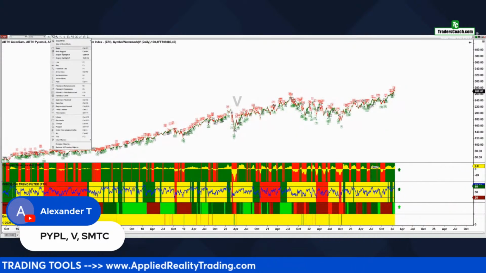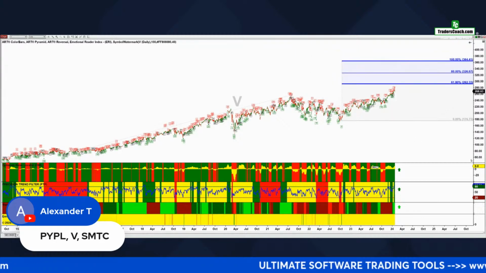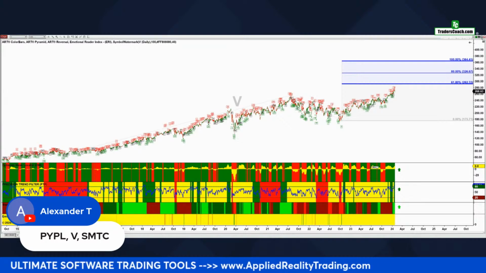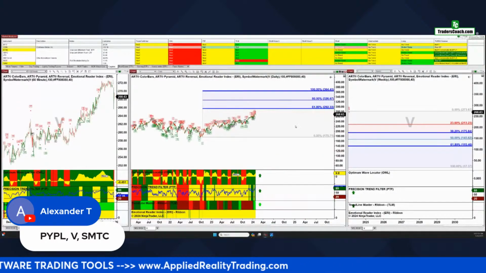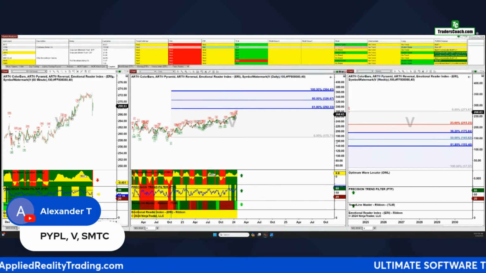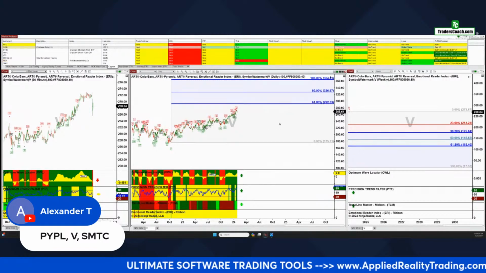Let's draw some extensions here, from here to here to here. We're pretty close to a possible target. My target to the upside is 292 to 364. Pretty significant, a big move up. My only concern is that at this point, it's too close to the target for me to initiate a trade, plus you're getting a pullback on the 60. So I'll hold off on that.